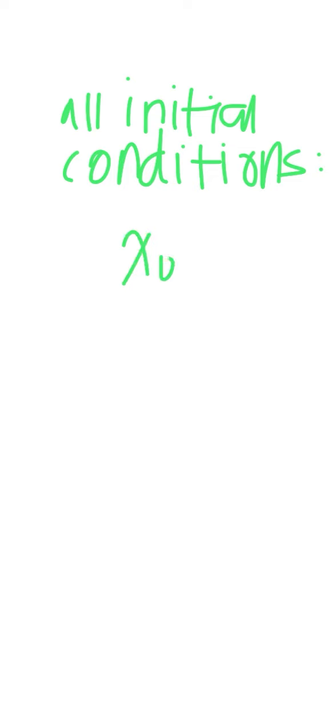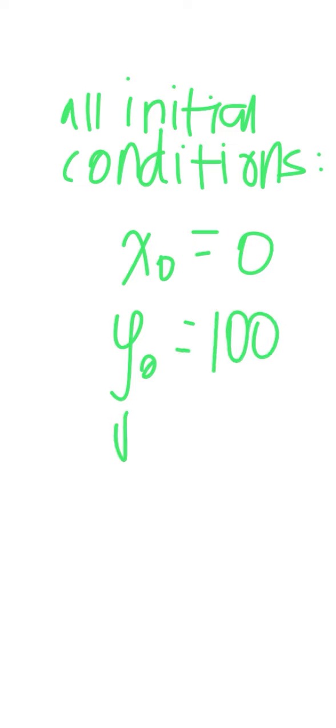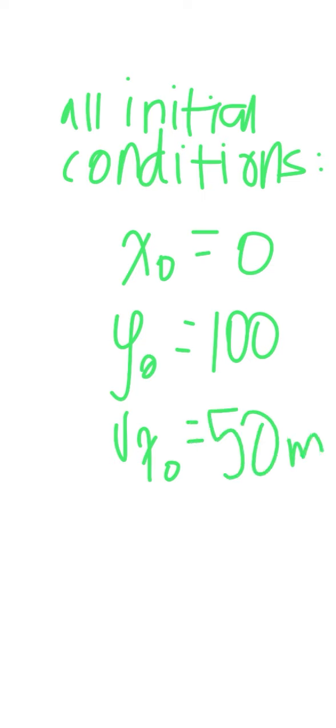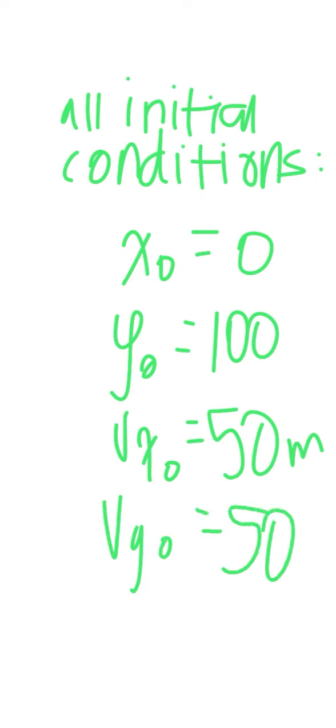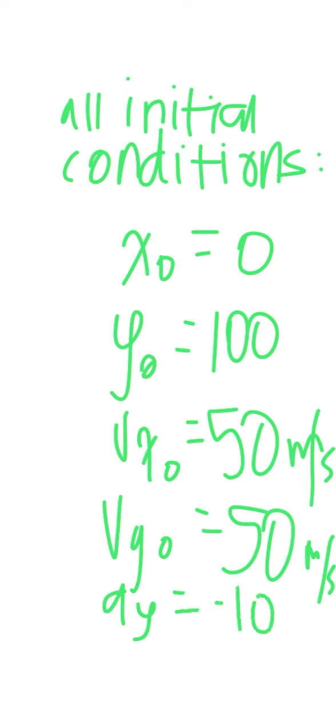So first we know that x0 is 0, y0 is 100, vx0 is 50, vy0 is also 50, ay is -10, and this -10 is gravity, and ax is 0.